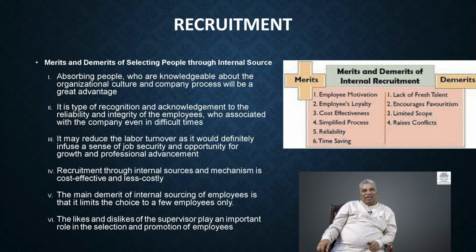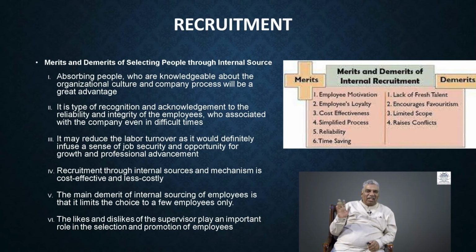Okay. And people will have likes and dislikes, like a supervisor may be having a like for some person who may not be filling the vacancy, but he would like to somehow recommend, or a person may be really good, but the supervisor does not like him, so he will not recommend him.